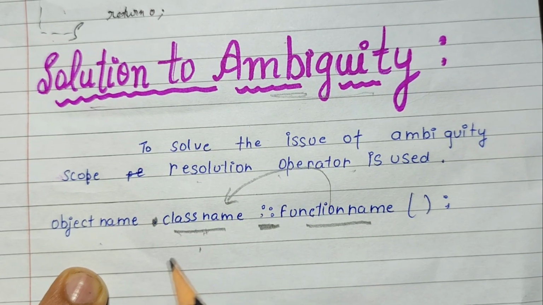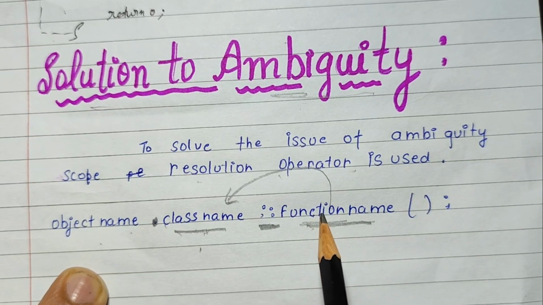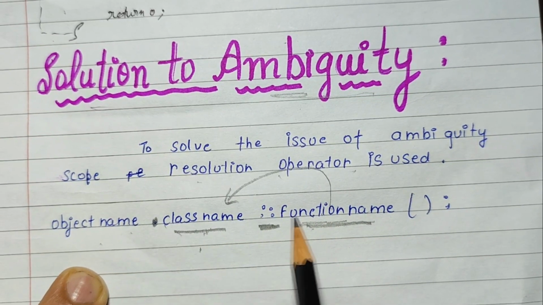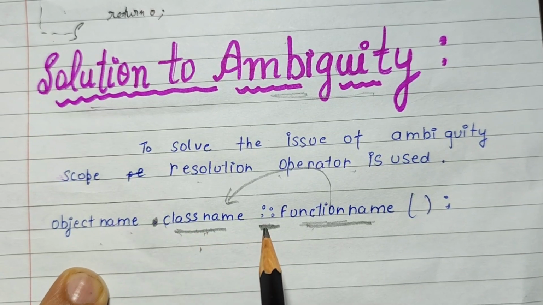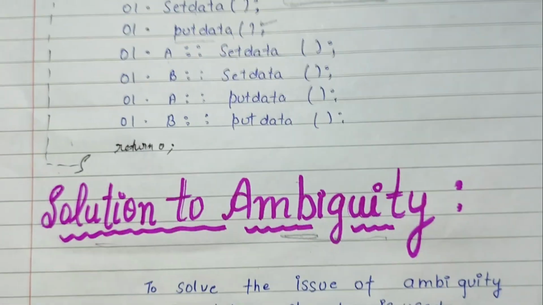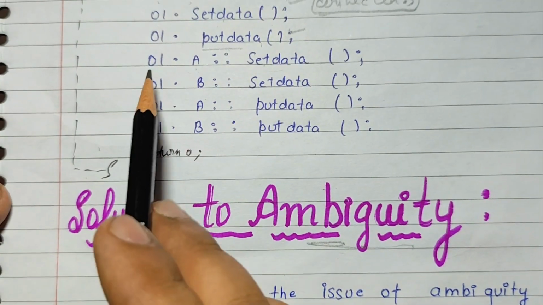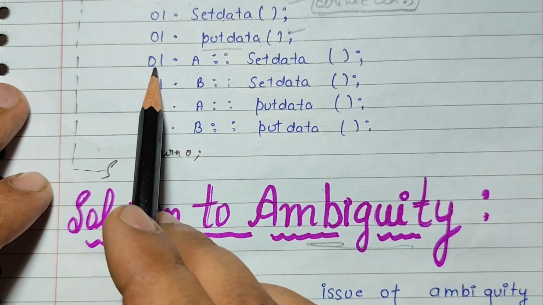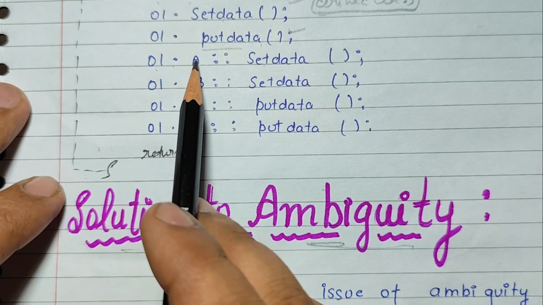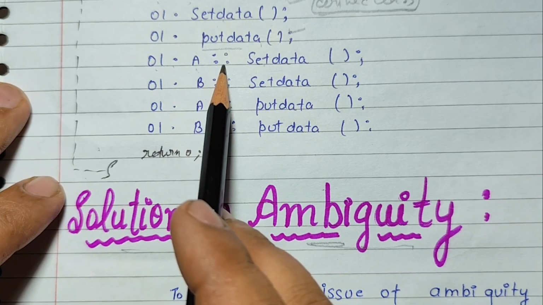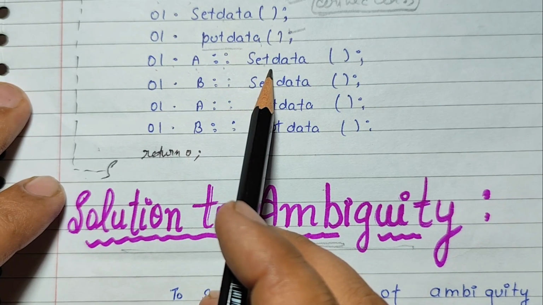Okay, the rule is the same. How to call a member function? Object dot member function name, but for specifying which class this member function belongs to, we use the class name and then the scope resolution operator. So this rule we follow here. O1 is the name of an object, dot capital A is the name of the base class, scope resolution operator, set data member function name.